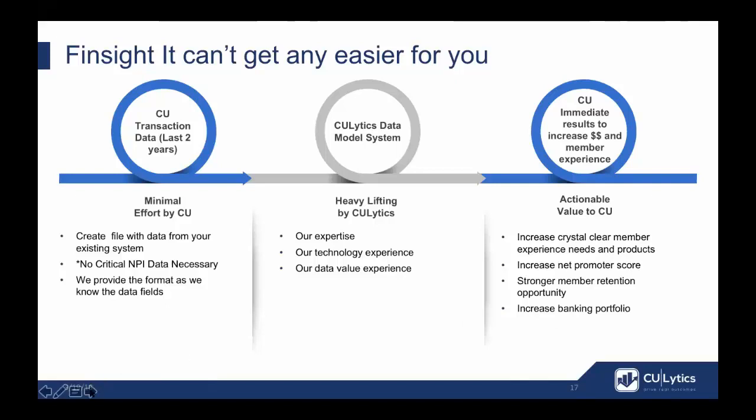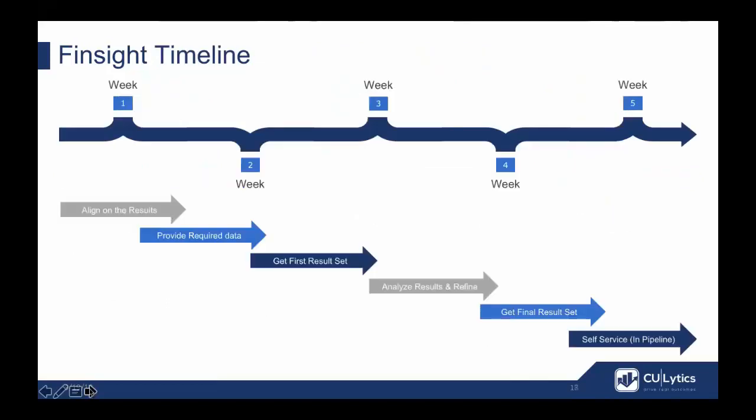So that is the most important thing. And then from the timeline perspective, it is typically about 4 to 6 weeks. That is what we are hoping. You provide us the transaction data, we process it, and then we provide the first result set, we analyze the results, and then we have a list that you can work with to further deepen that engagement.